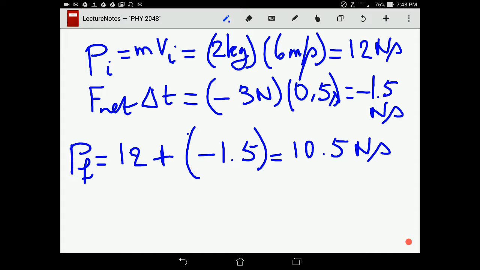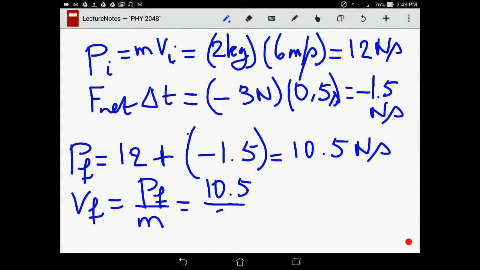That's the final momentum. But the question was about the final velocity, so the final velocity is going to be the final momentum divided by the mass of the box, so it'd be 10.5 over 2, which gives us 5.25 meters per second. And so what happened here is that the velocity went down.